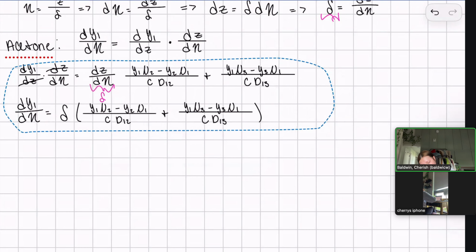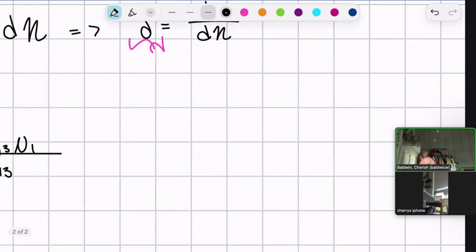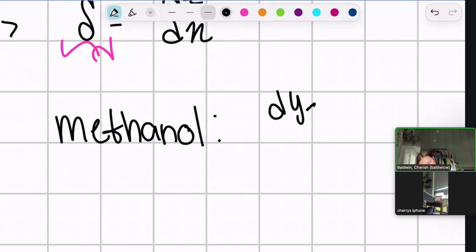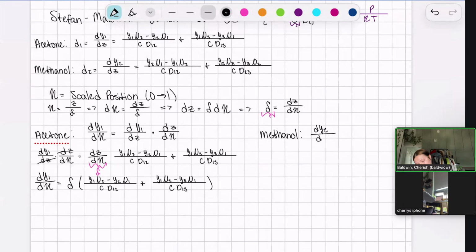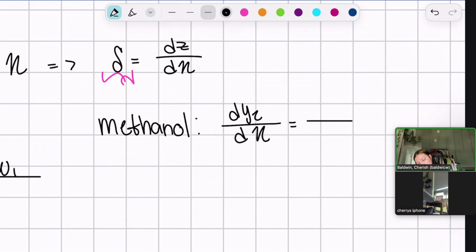And we can also do the same for methanol. So methanol, it would be dy2 molar over, I need to plug this in real quick, over the scaled position, equal to dy2 over the position times dz over dn.